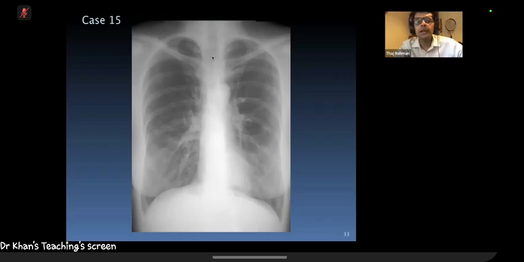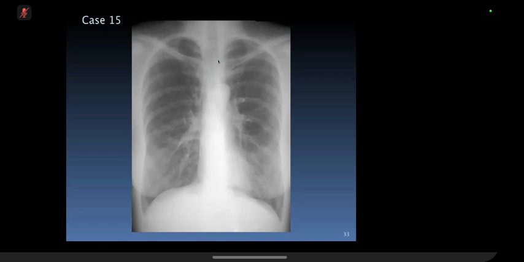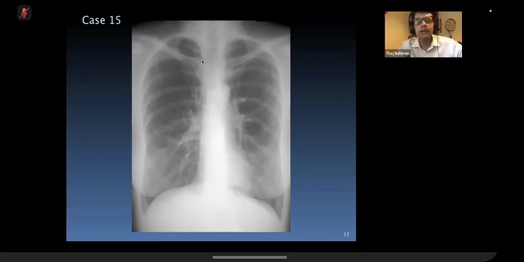So what about the trachea here? I think the trachea is dilated. Exactly. So when we say trachea is normal, mediastinum is normal, we should actually look at the trachea, and it's clearly distended in this case.